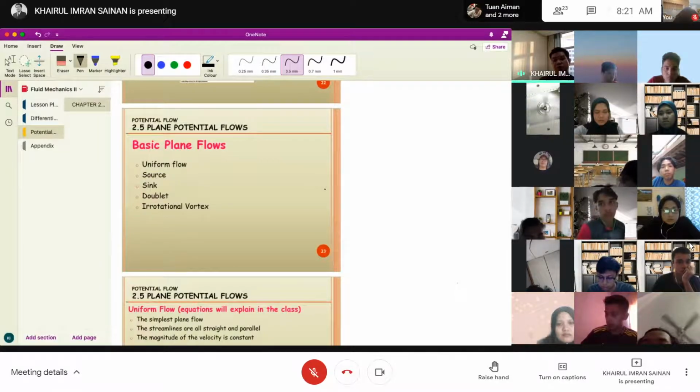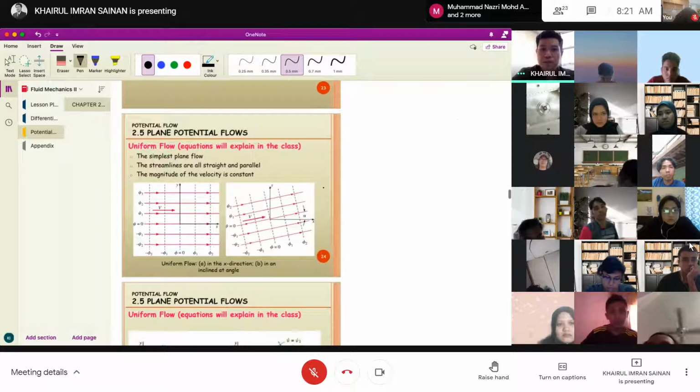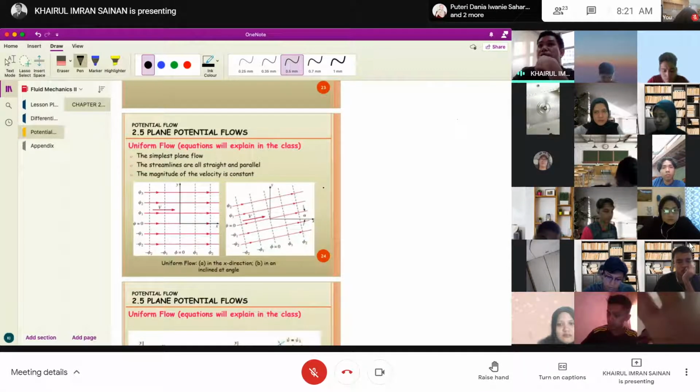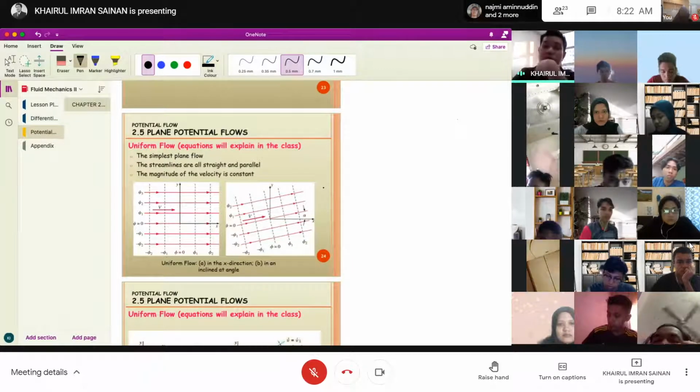So we start with a uniform flow. Uniform flow is just a flow from left to right or right to left. Just a straight flow.